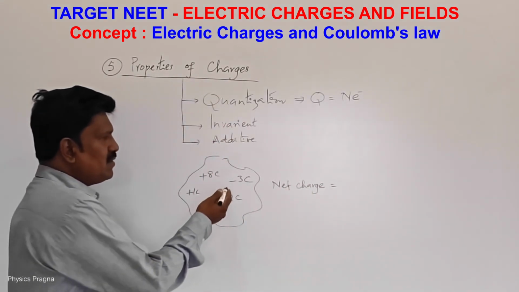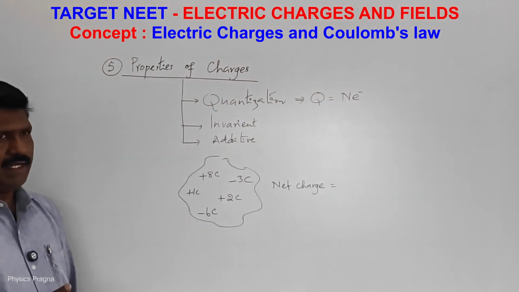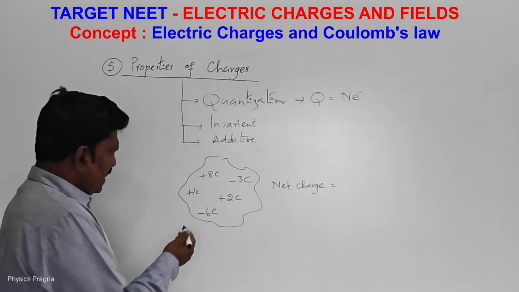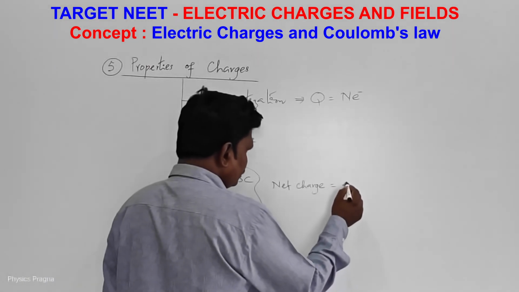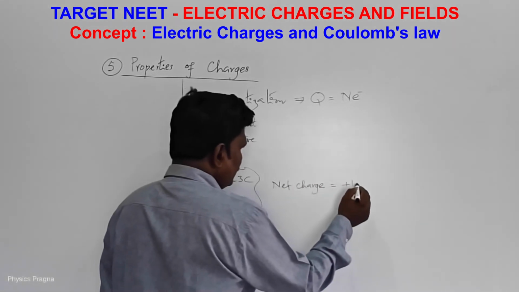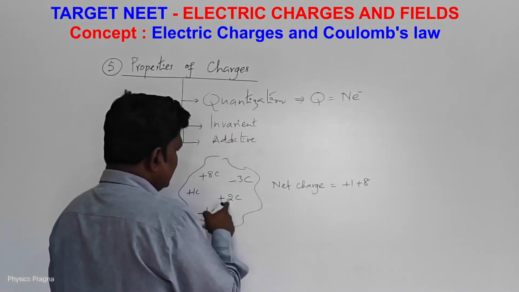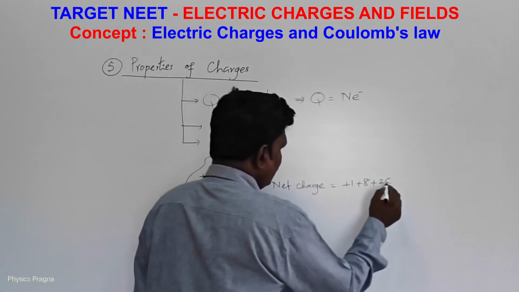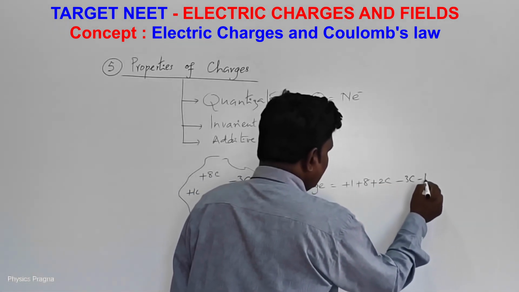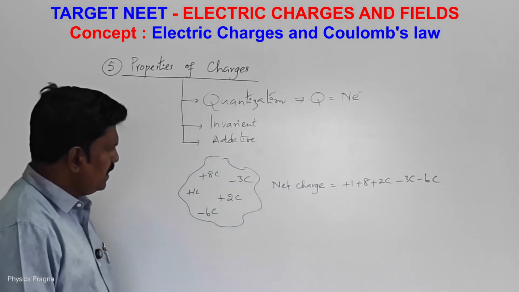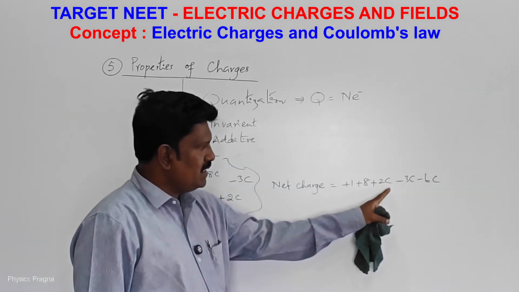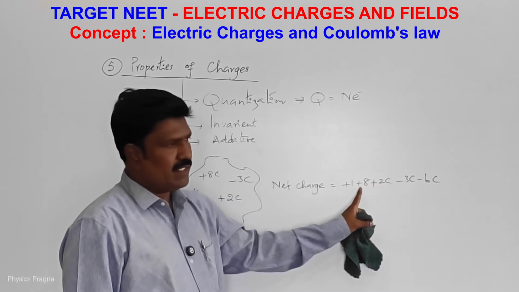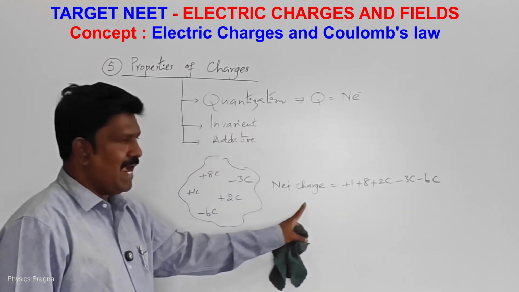These charges do not have any direction, so we just add them as numbers. We have 1 coulomb, 8 coulomb, 2 coulomb, minus 3 coulomb, and minus 6 coulomb. If the charge is negative, we write negative; if it is positive, we write positive. This is called adding.